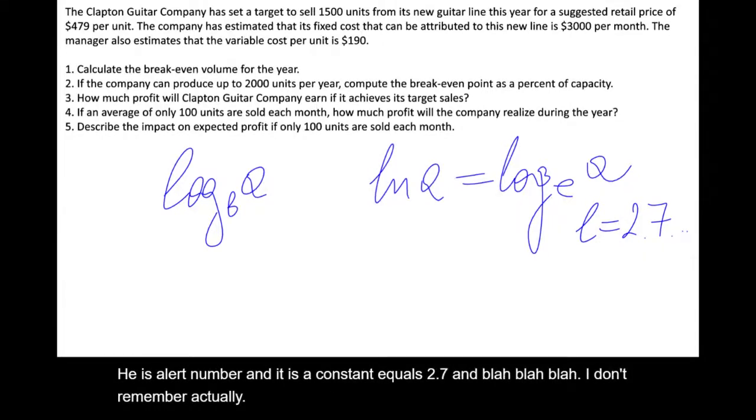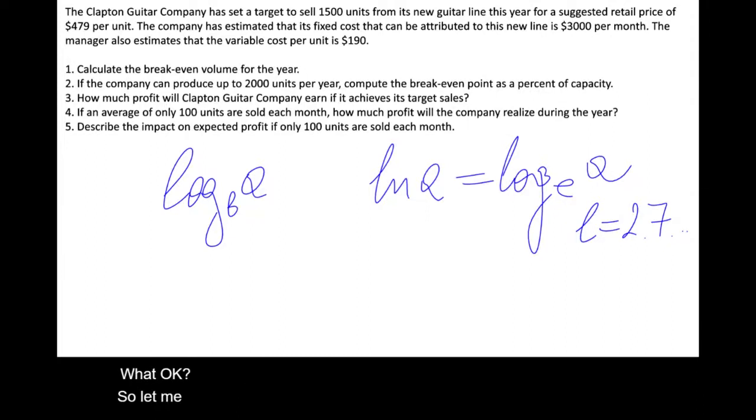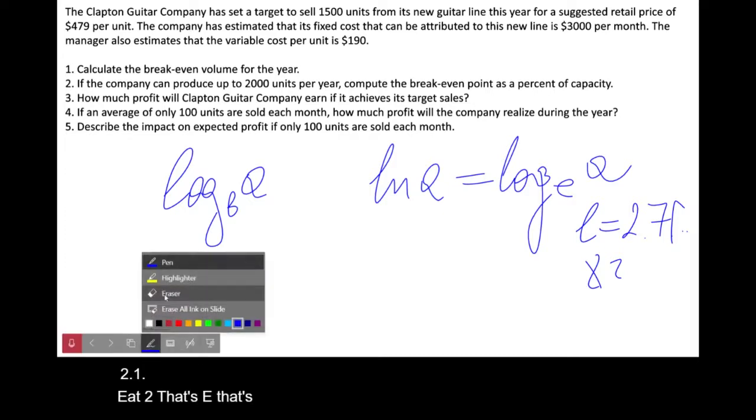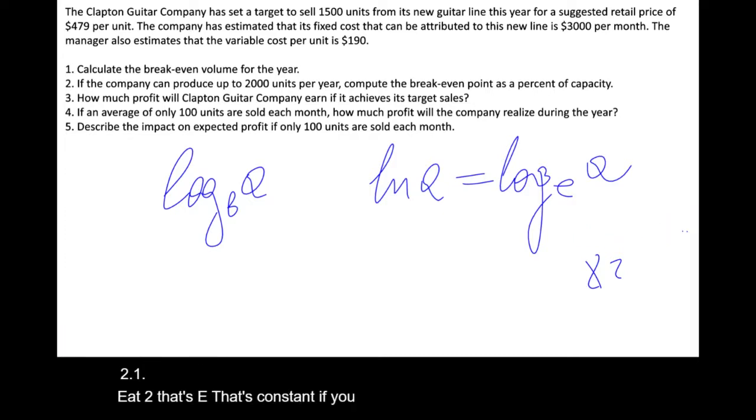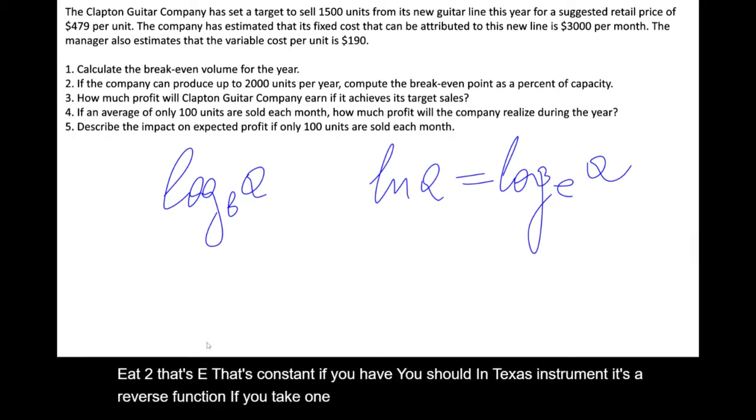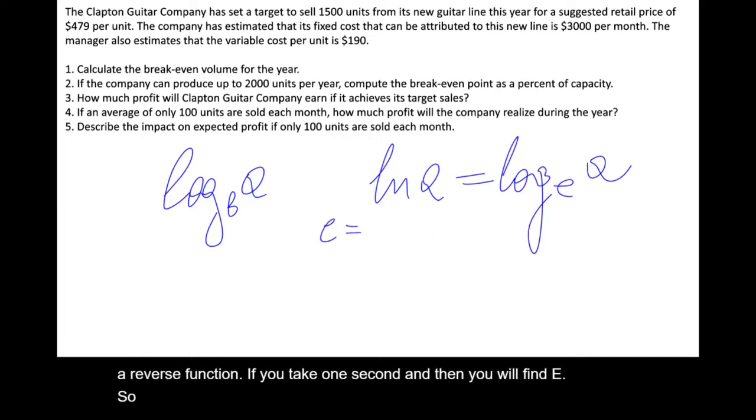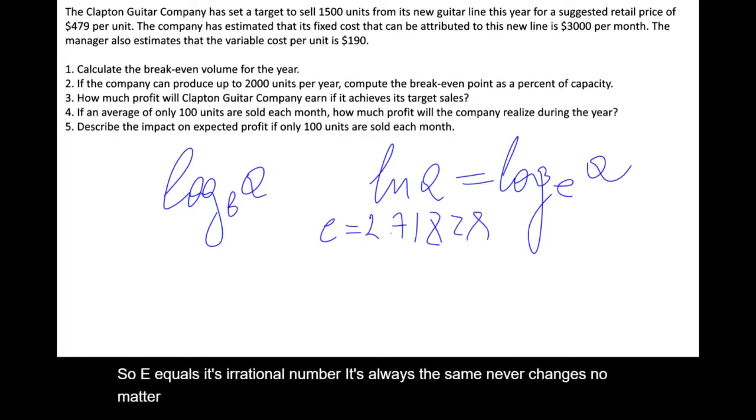Okay, so let me see. 2.7182. That's E. That's a constant. You should have it on the Texas Instruments. It's a reverse function. If you take 1 and press second ln, you will find E. It's an irrational number, it's always the same, never changes no matter what, and irrational means it continues forever, right? So that's E.